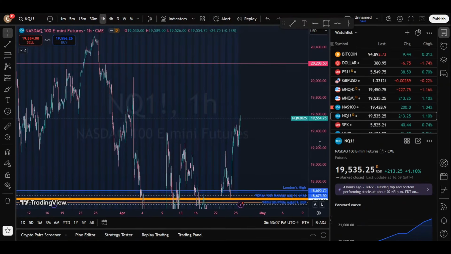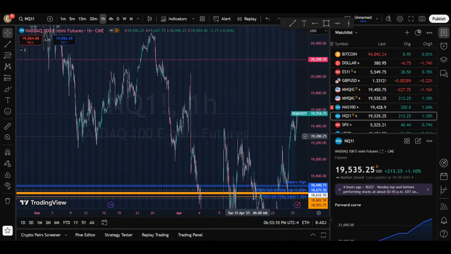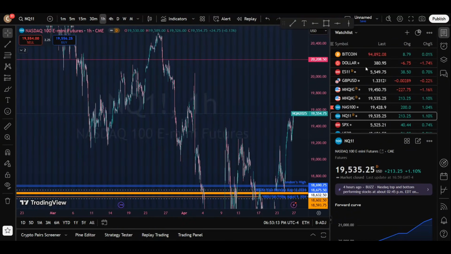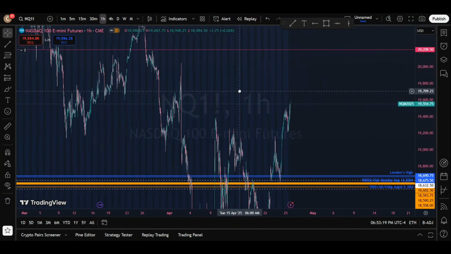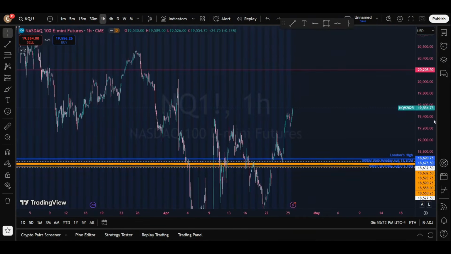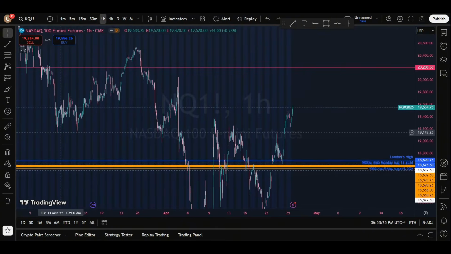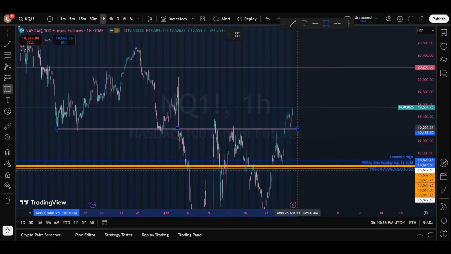I still have things on that one. So here, again, we're on the 1 hour, just like we were with NAS100. And this is the zone we were looking at right here. So we're gonna grab our rectangle and we're gonna mark out this zone, like so.